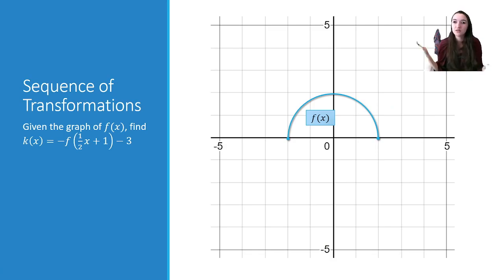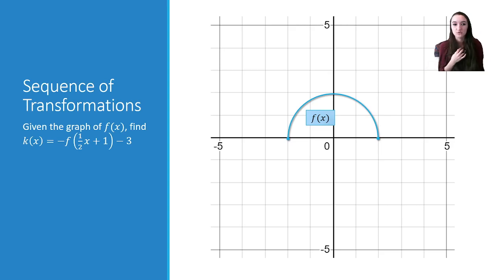Alright, so let's apply all of our knowledge so far. Here I have a function, k of x equals negative f of 1/2 x plus 1 minus 3. So it's got basically everything going on. Once again, remember, I like to start with horizontal transformations.